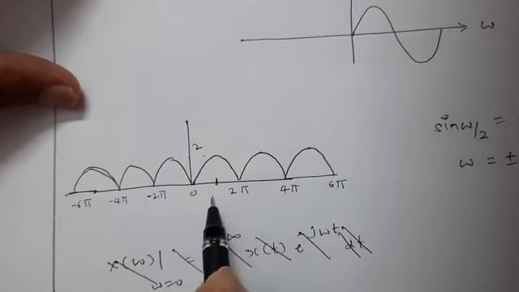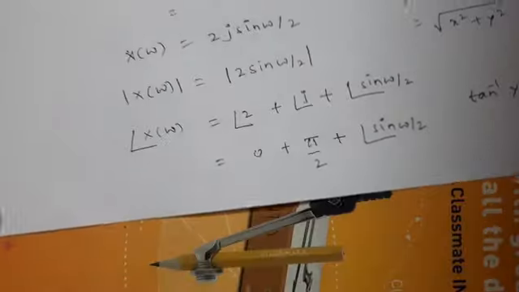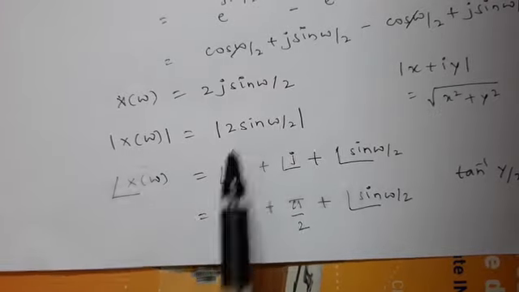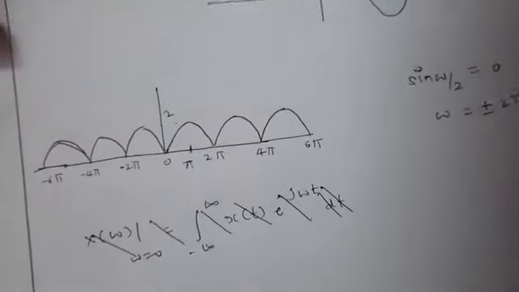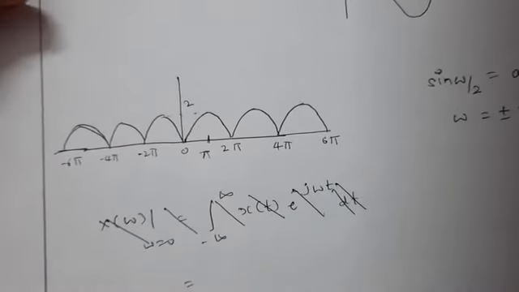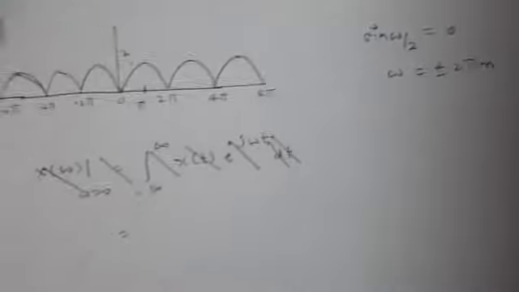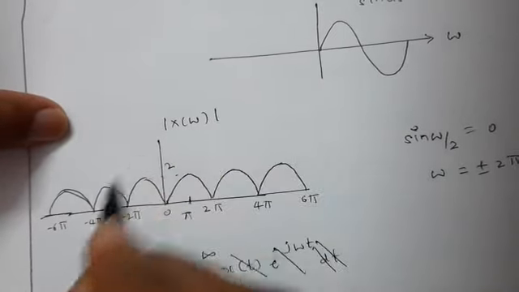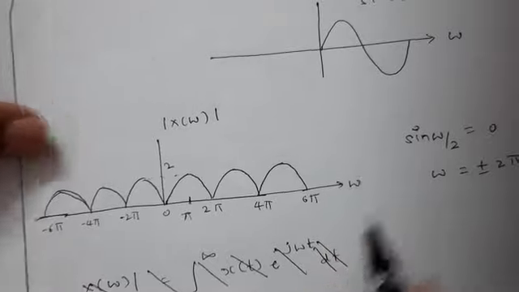Here I have pi, so you get sine pi by 2. Sine pi by 2 is 1, 1 into 2 is 2, and hence you have the magnitude as 2. Similarly for all the others. And this is the magnitude of X of omega versus omega.